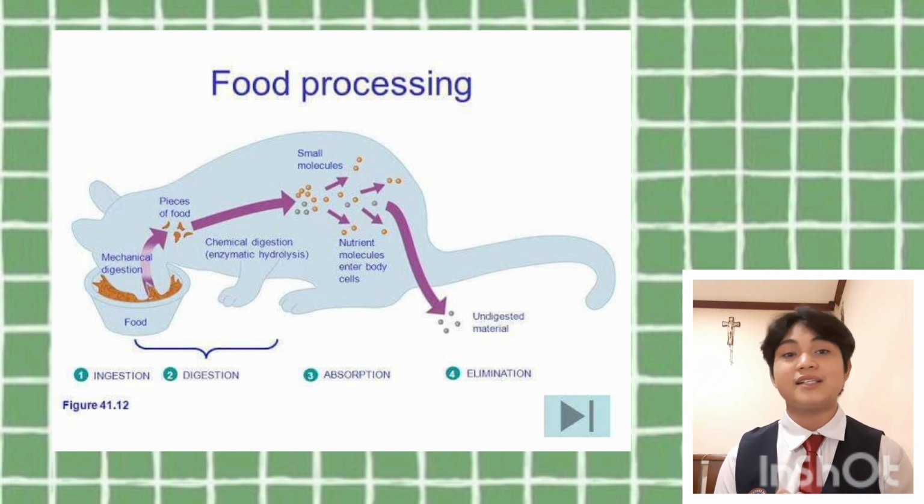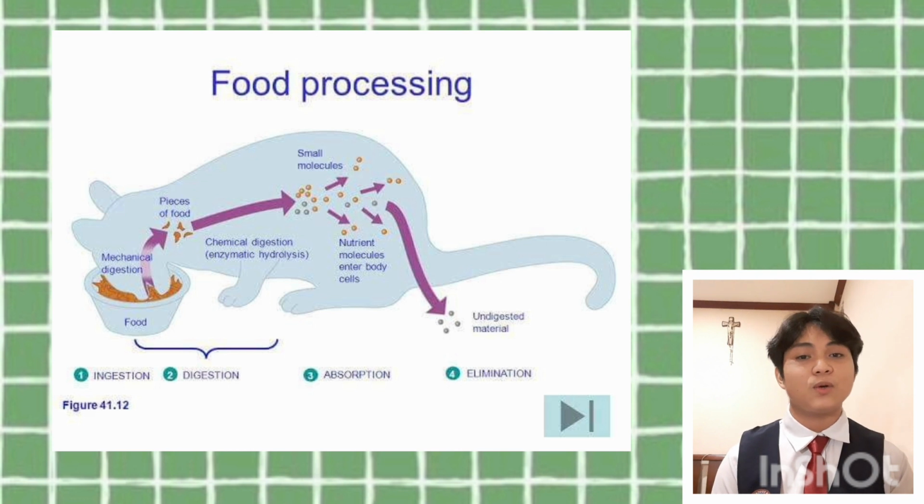In digestion, the second stage of food processing, food is broken down into molecules that are small enough for the body to absorb. This stage is necessary because animals cannot directly absorb fats, proteins, and carbohydrates. They also cannot directly absorb the nucleic acids and phospholipids in food. One problem is that these molecules are too large to cross the cellular membranes of the animal.